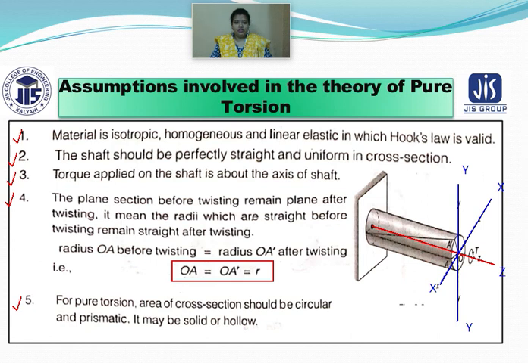If you want to have a torsion theory for any circular shaft, then one of the finest assumptions you have to consider, or that is involved in the theory of pure torsion, is that the area of the cross section should be circular and prismatic, and it may be solid or it may be hollow. Again I am repeating, for pure torsion the area of cross section should be circular and prismatic, and it may be solid or hollow.